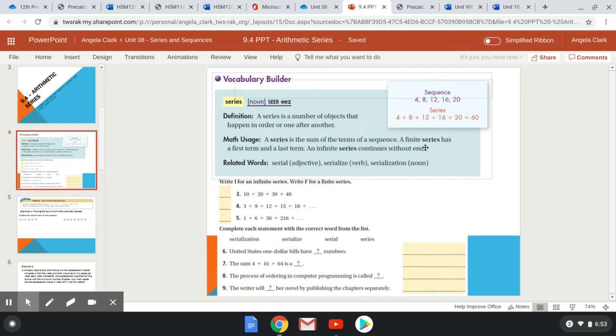You can also have an infinite series where you just have an infinite number of numbers, and in that case, you may or may not have a finite sum. Generally speaking, if this sequence continued on and on forever, and therefore this series continued on and on forever, then I wouldn't have a finite sum.